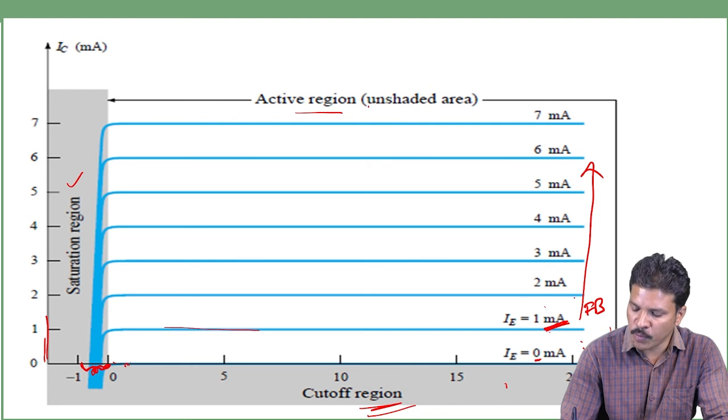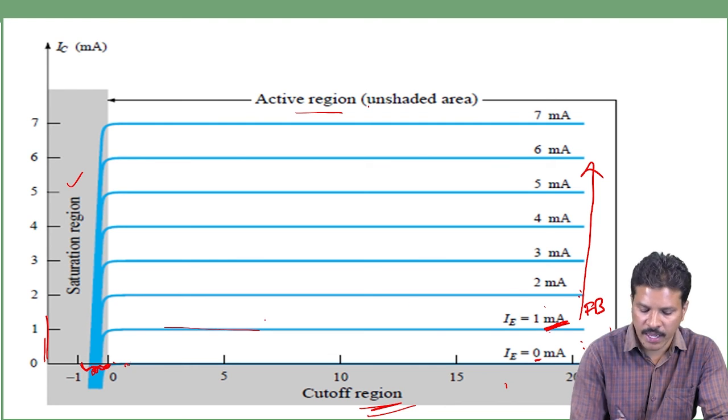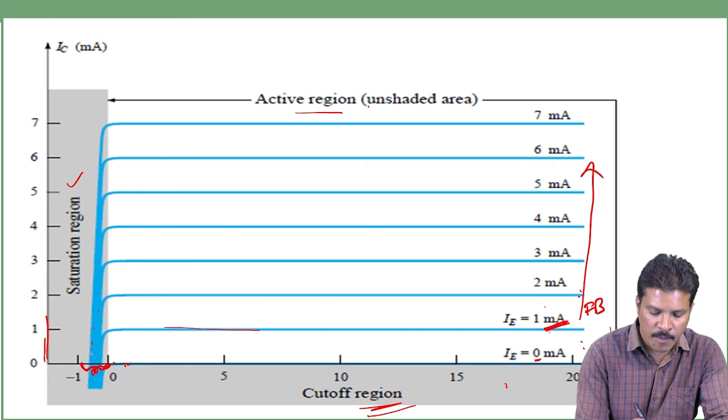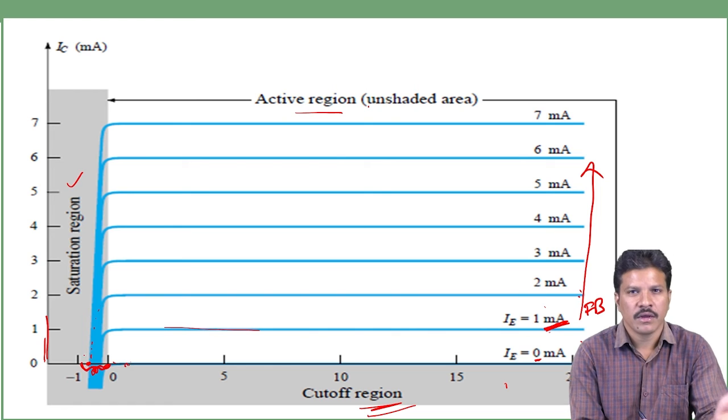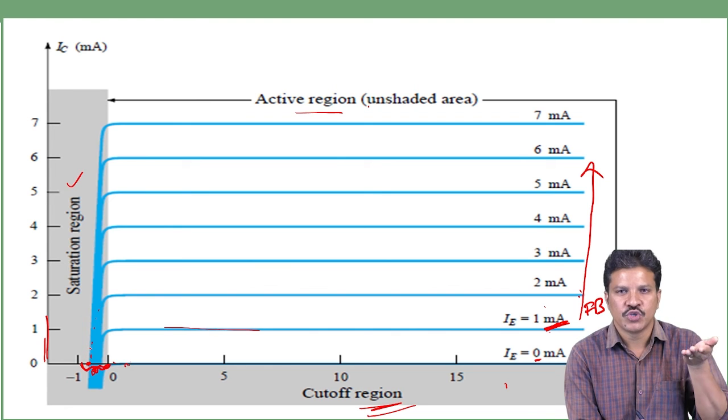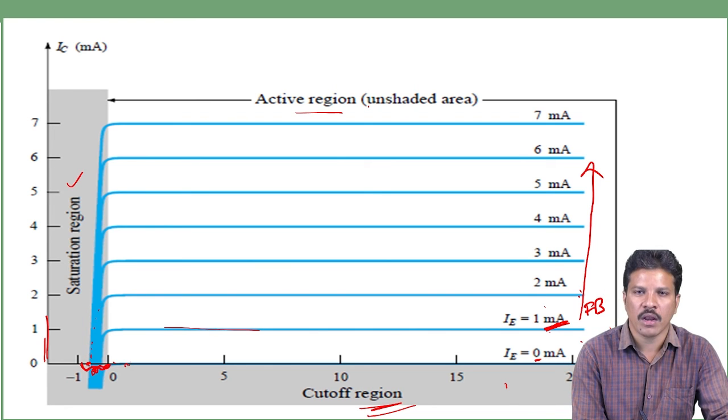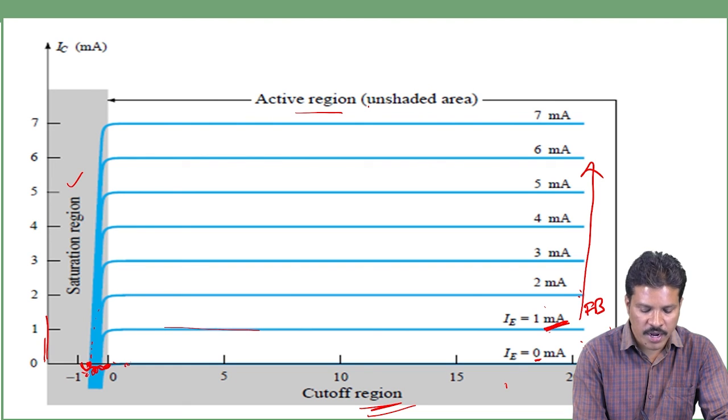When we keep the input current constant at 2 milli, in the laboratory when we see the collector to base voltage, it shows some 0.8 or 0.9. The initial value is minus 0.9.